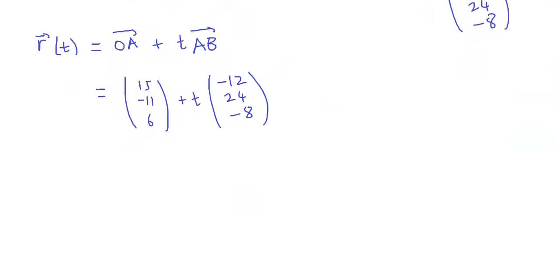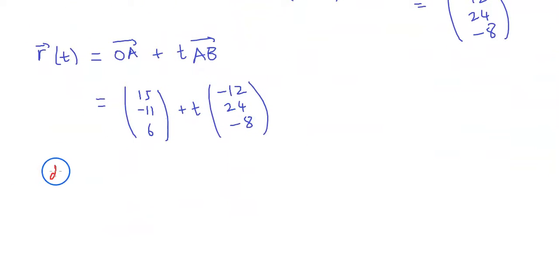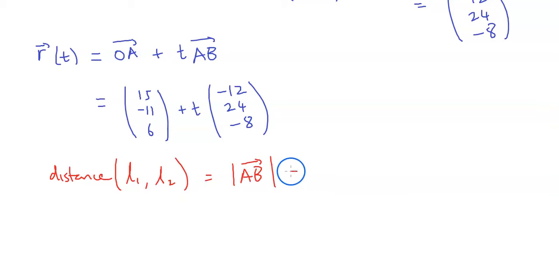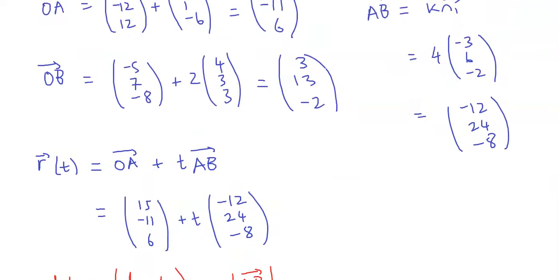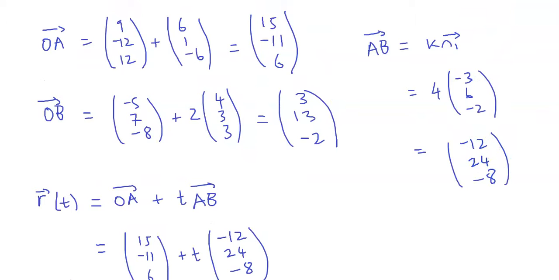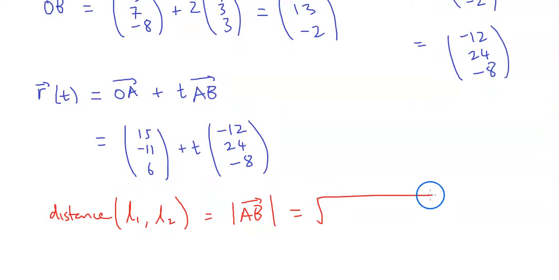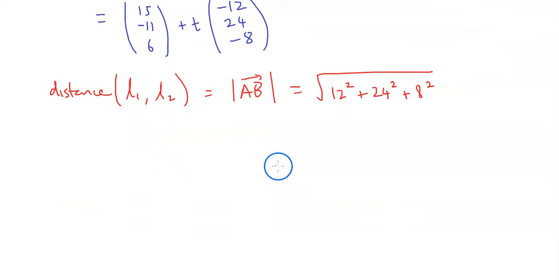So all we need to do is find the length of AB, so the distance between L1 and L2 is equal to the length of the vector AB, which is equal to the square root of 12 squared plus 24 squared plus 8 squared, and that's equal to 28. And that's all for this problem.